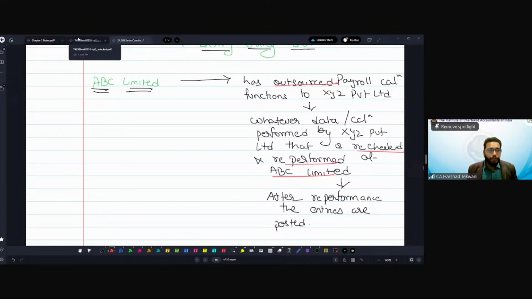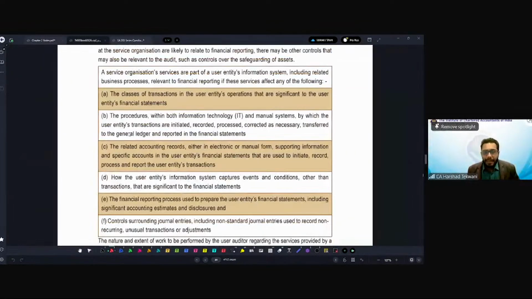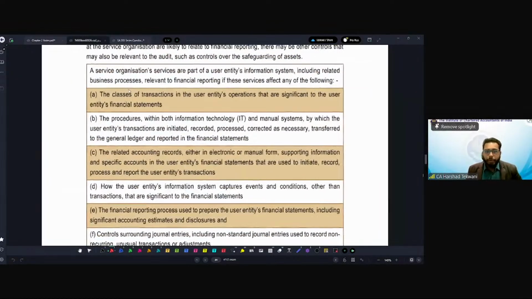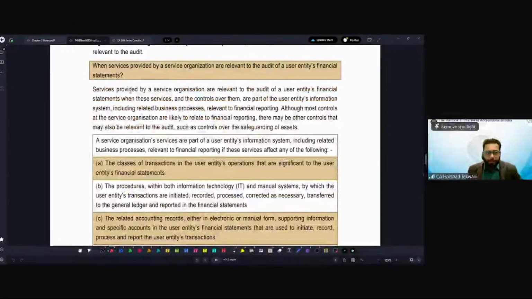So if you see, SA 402 specifically says when this is required to be looked into, and that is the table given at page number 2.41.